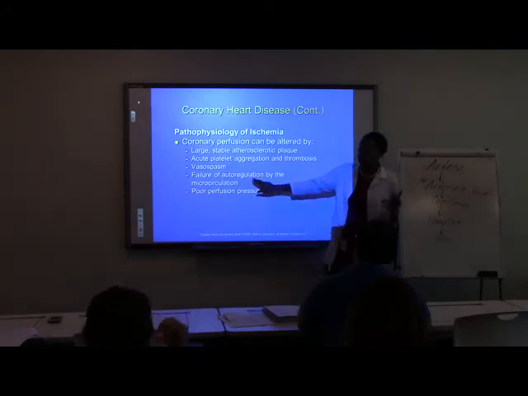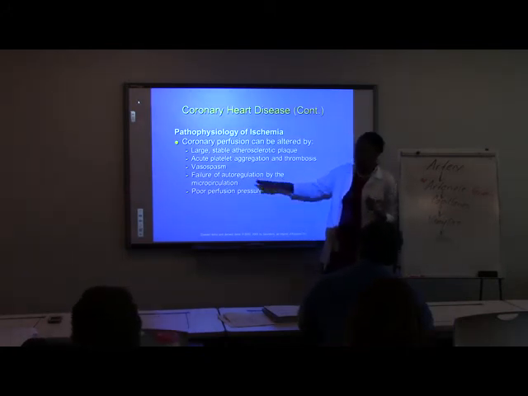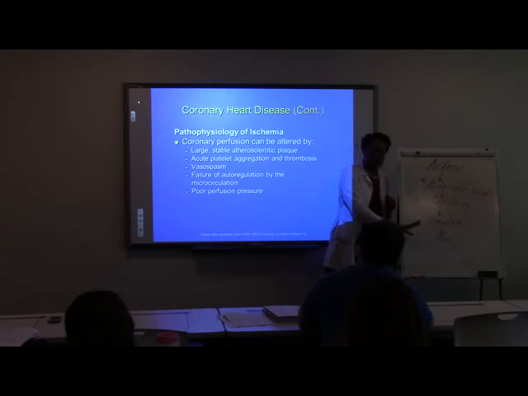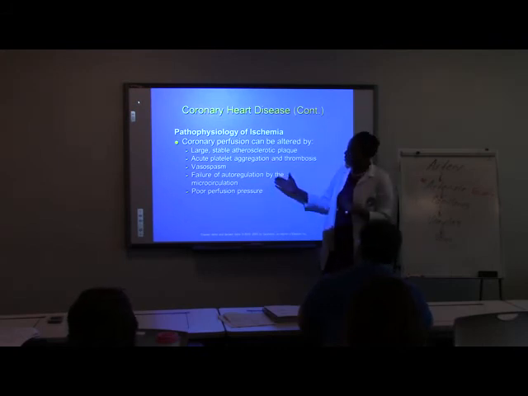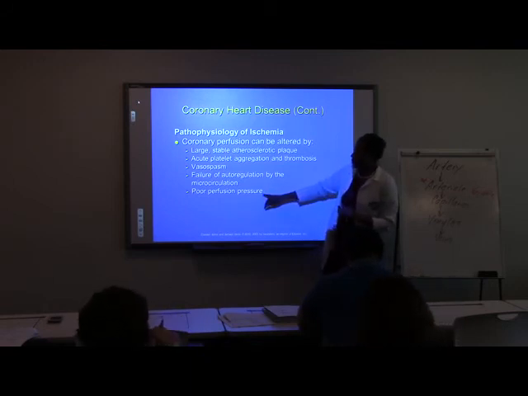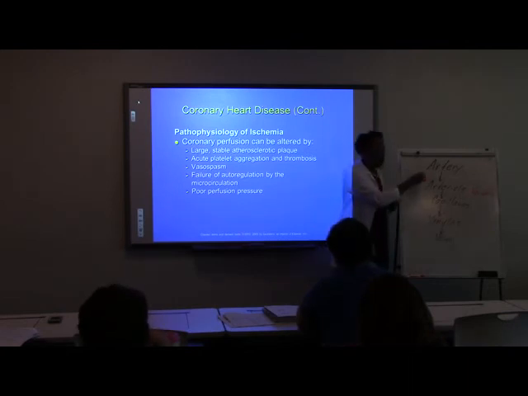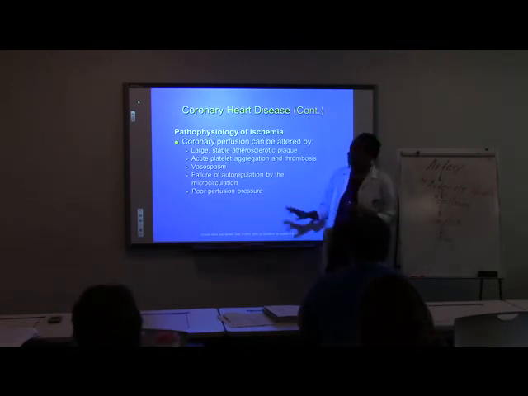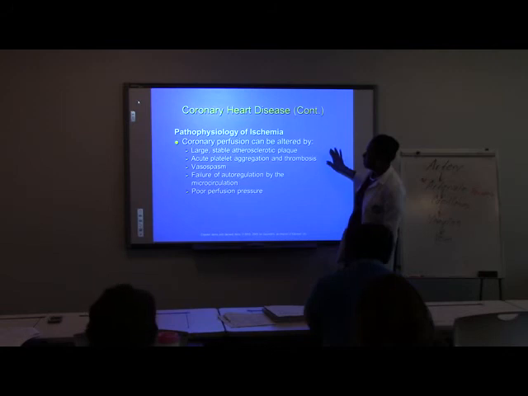The whole point is that if microcirculation fails to do what it's supposed to do, this could cause an issue with circulation and ischemia. Poor perfusion pressure, if we don't have the proper pressure, can also cause ischemia.